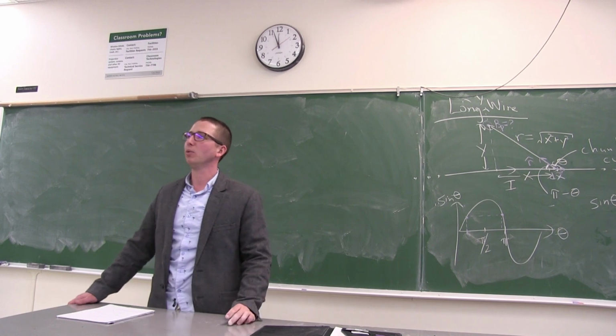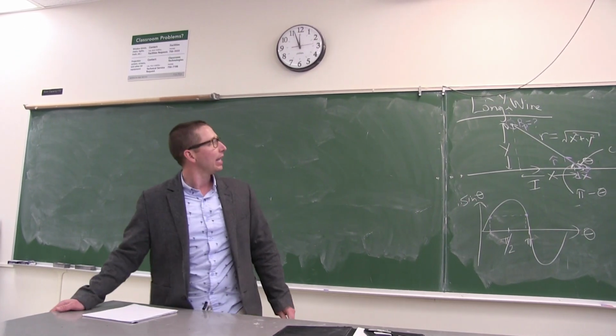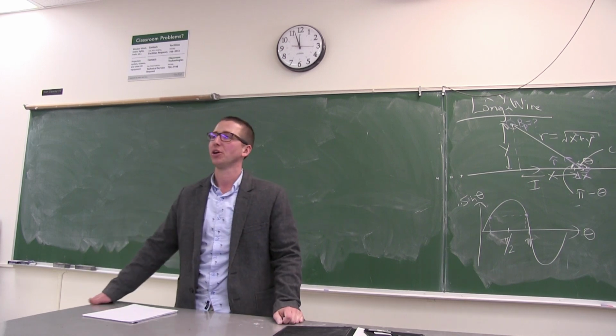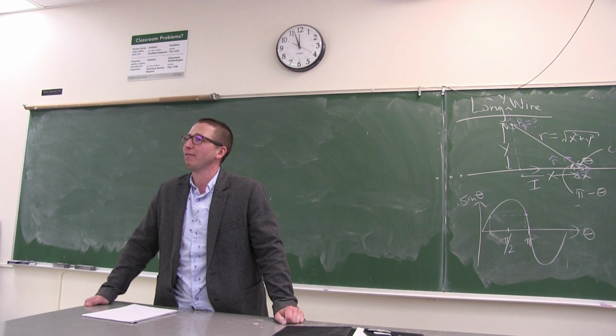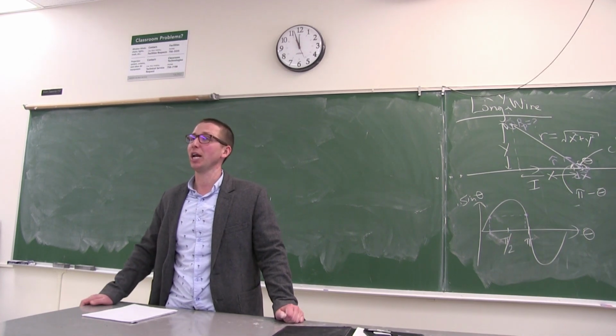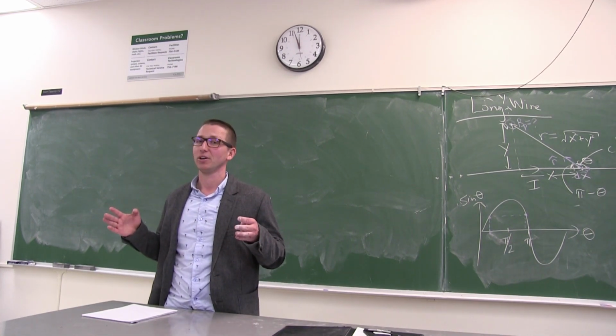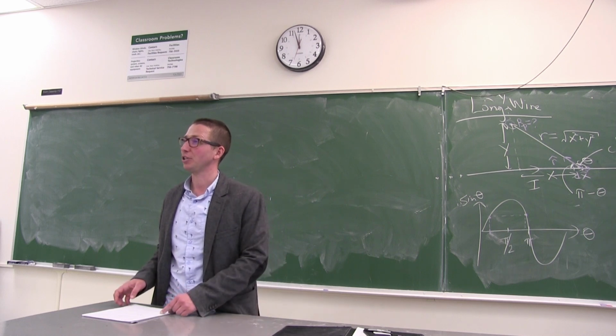Okay, so we'll end here with an example, but then we'll pick up with this next day. Imagine what possible simple geometric configurations we could have. Well, we could have a current of finite length. That would basically be the same thing here, but changing the limits of integration.